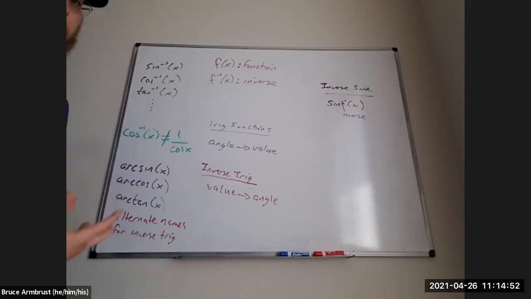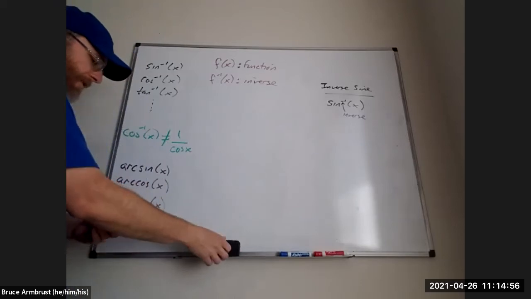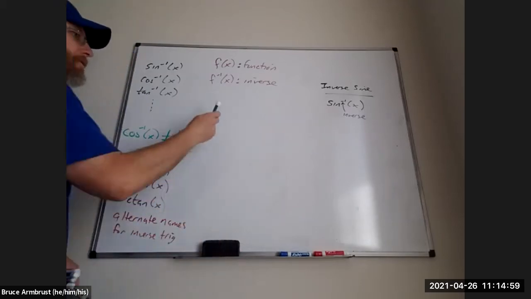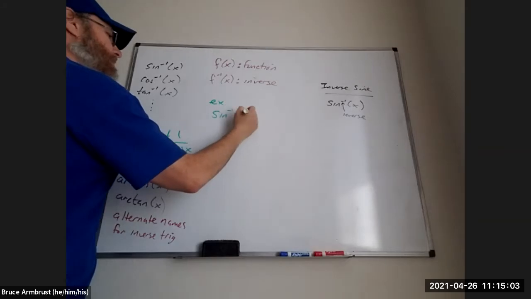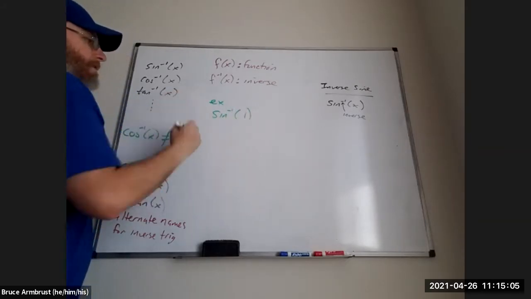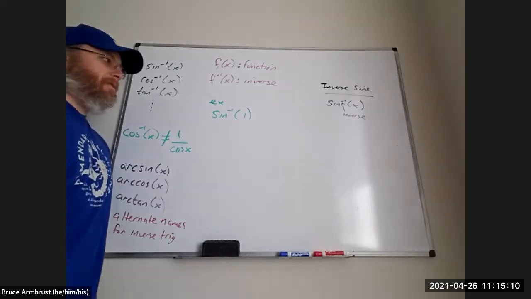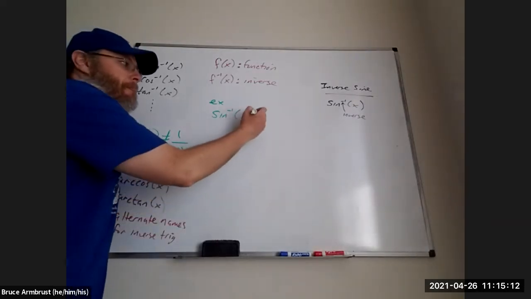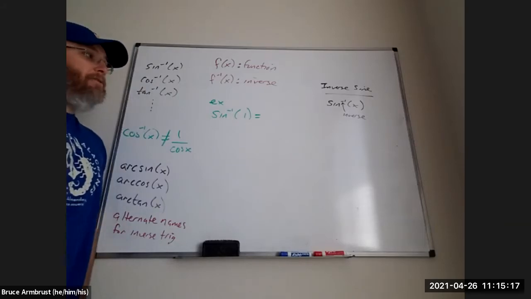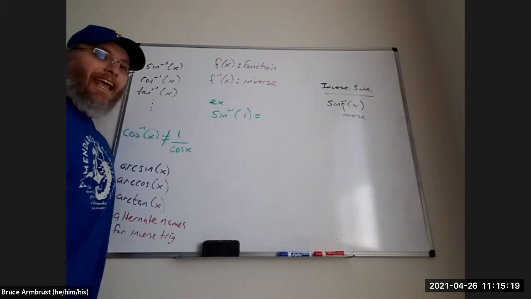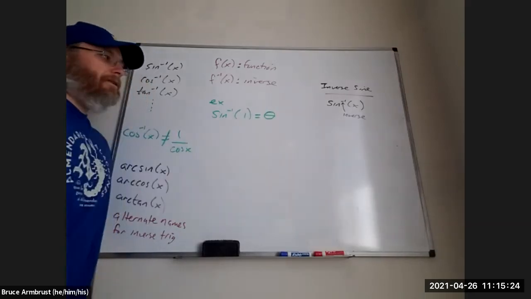All right, so here's how they work. For example, let's just say we were going to do sine inverse of 1. How this works out is it's going to give us an angle. I'm going to call this theta for right now.